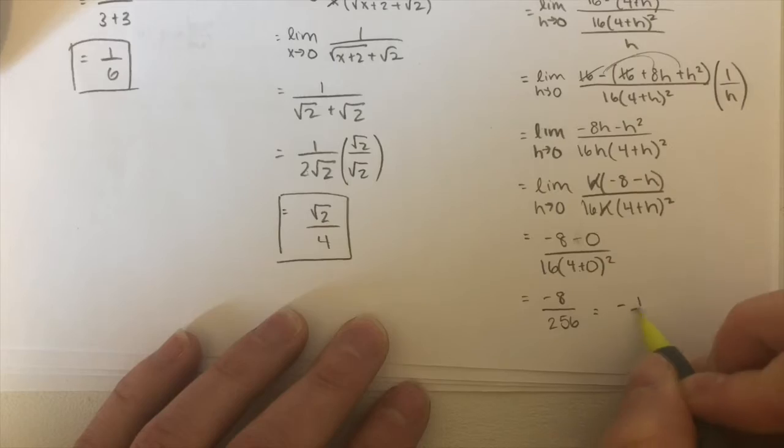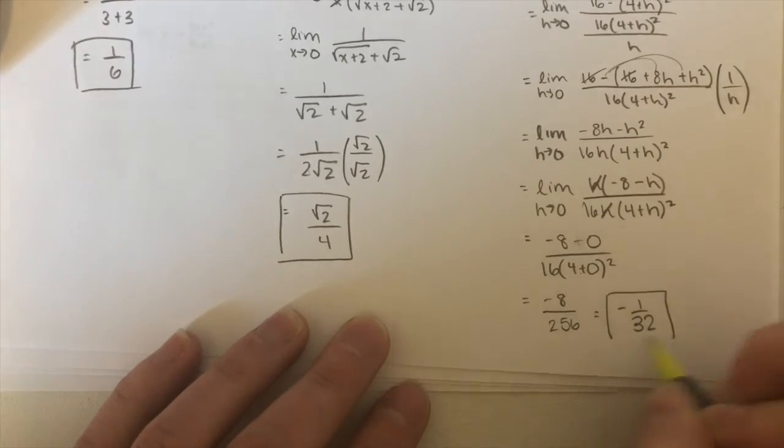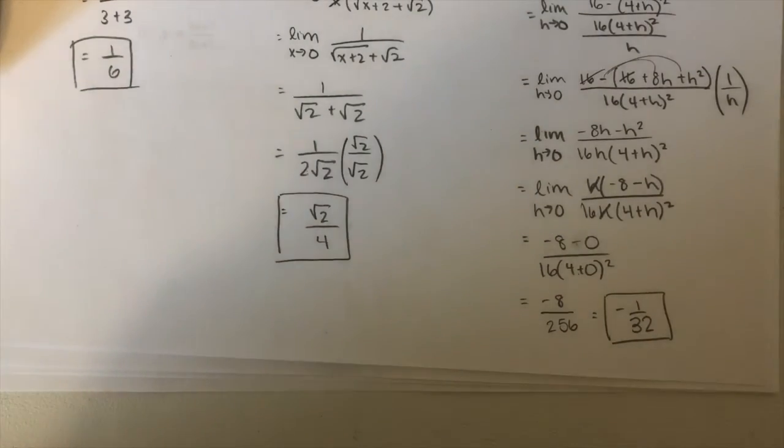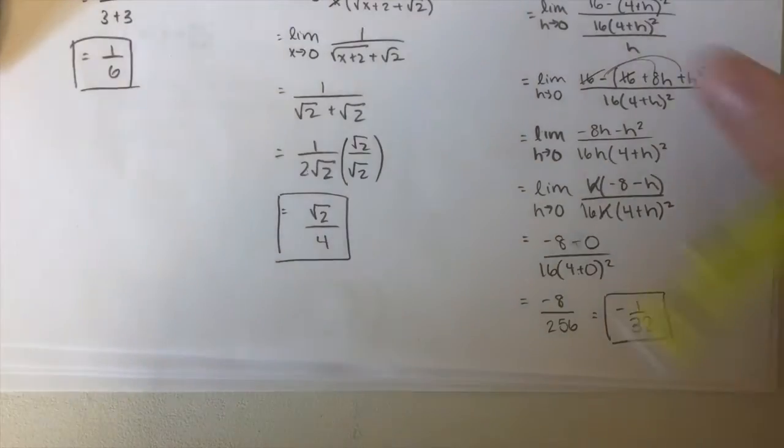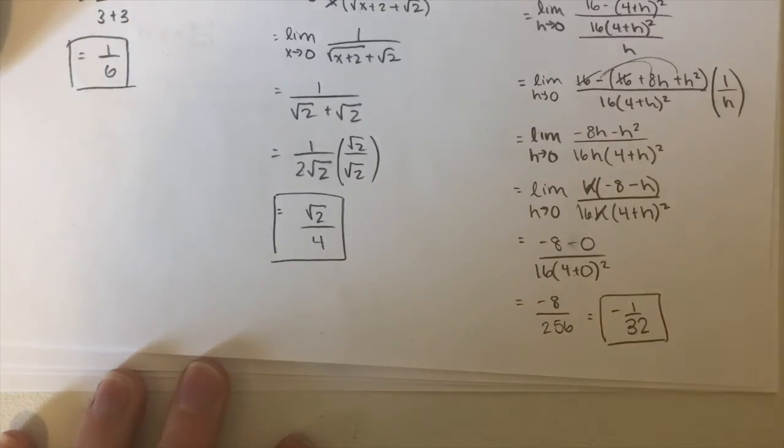So we end up with negative 1 over 32. Pretty sure 256 divided by 8 is 32. It is. Good.